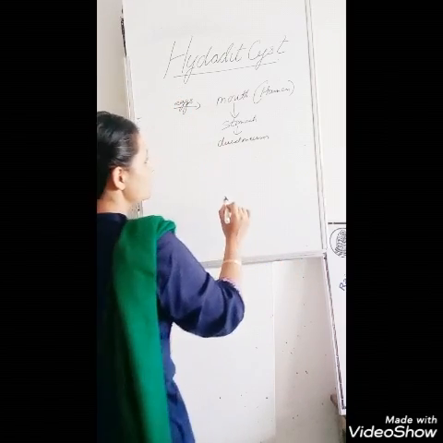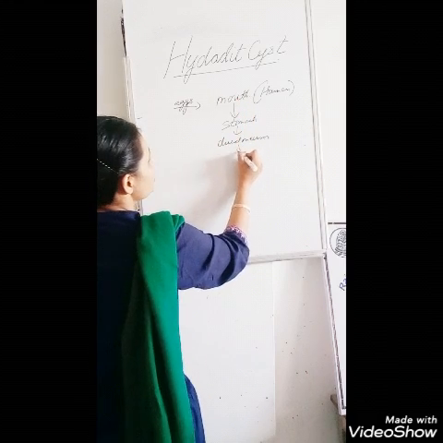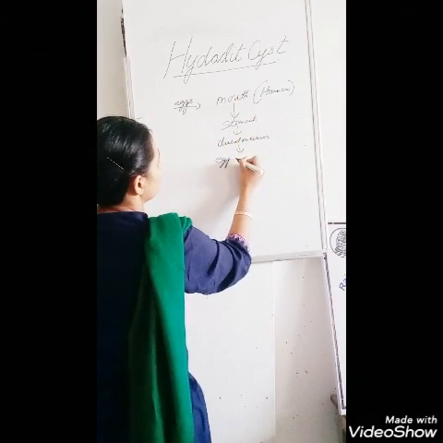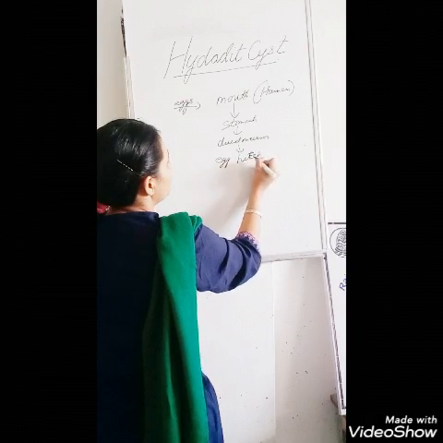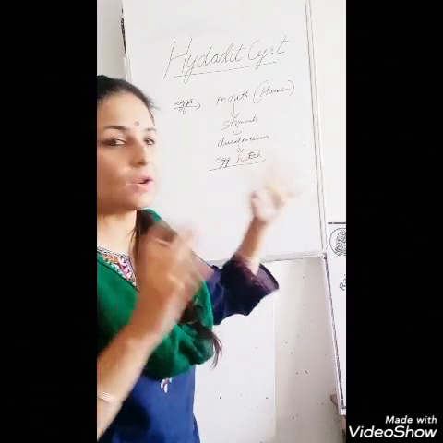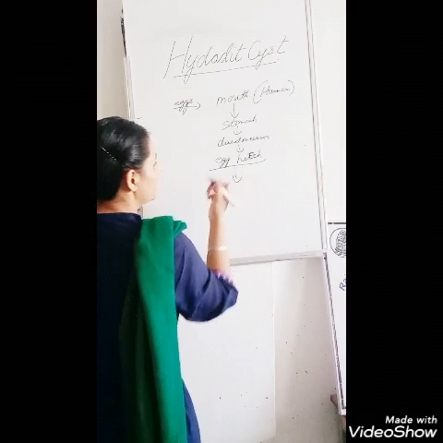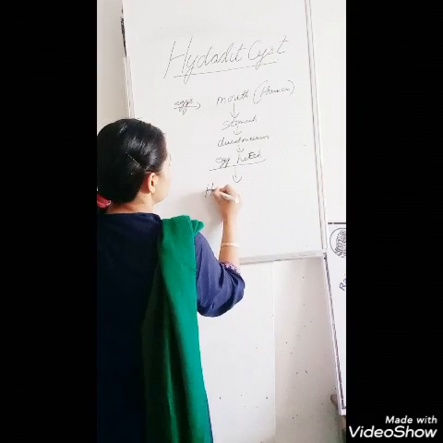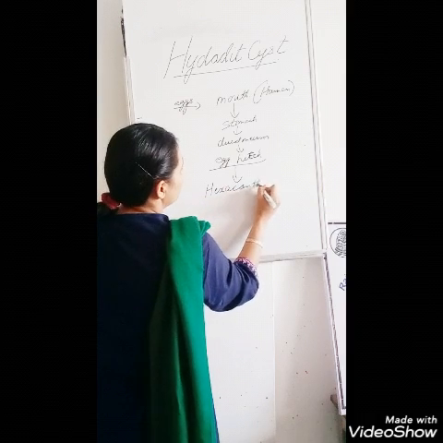Because of those juices and acids, the egg will get hatched. The juices will dissolve the shell of the egg, and the embryo will come out. The embryo is known as hexacanth embryo.